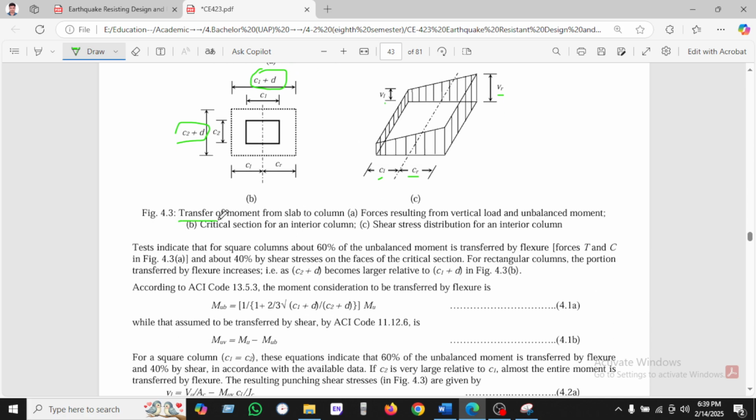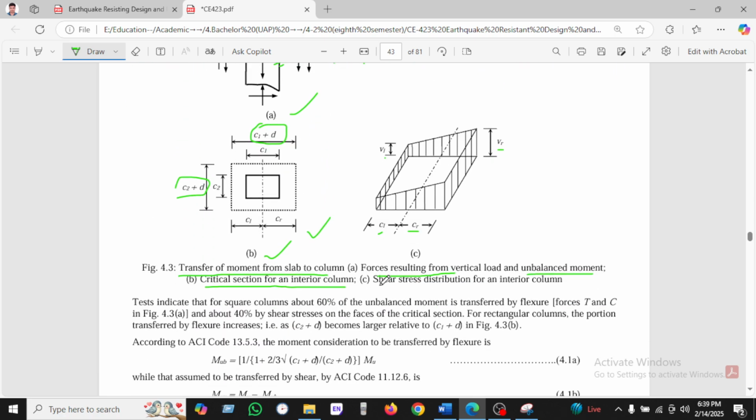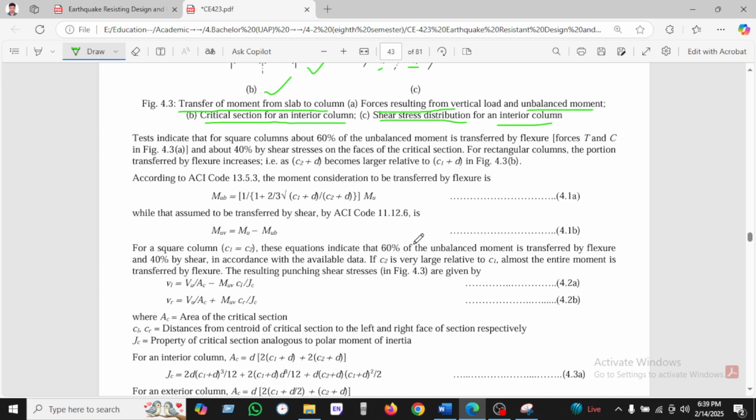So transfer of moment from slab to column, the force resisting from vertical load and unbalanced moment. So you can see one is the critical section for interior column. This is the interior column we can see here, and shear stress distribution for exterior column. This is the shear stress. Okay.